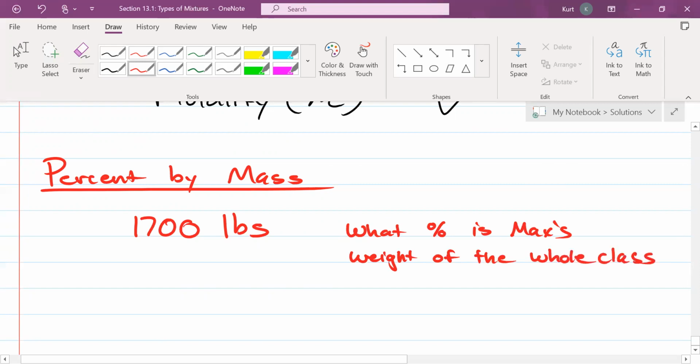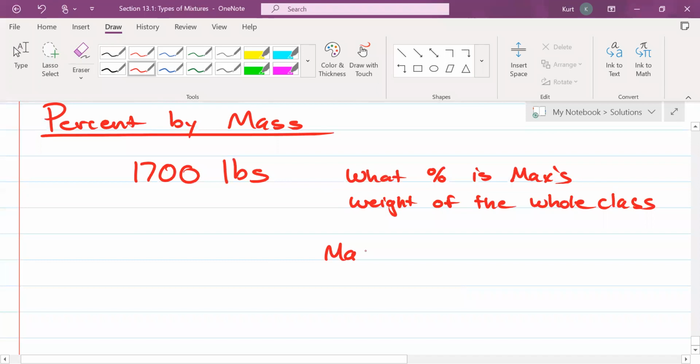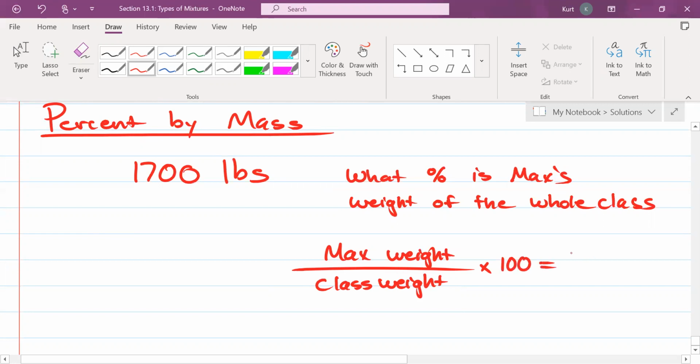Well, you just take Max's weight. You divide it by the class weight. And what do you multiply it by? Because this is a percent. 100. And that will equal your percent by mass.